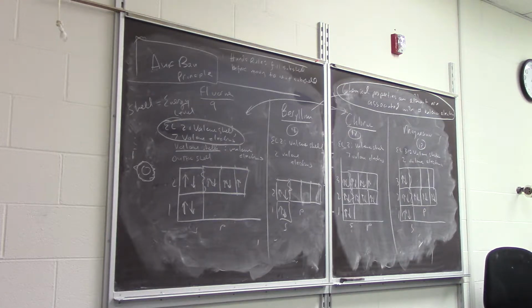Okay, each one of those guys has one valence electron, and that's their chemical property: they react with water. They become oxidized and they lose one electron. They have different abilities of that chemical property.